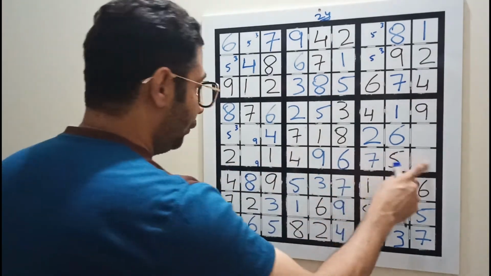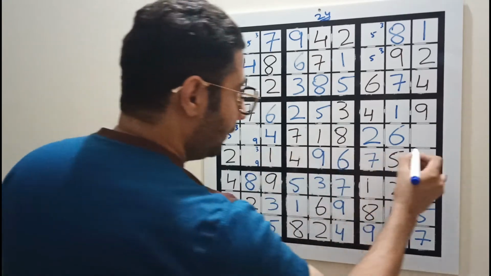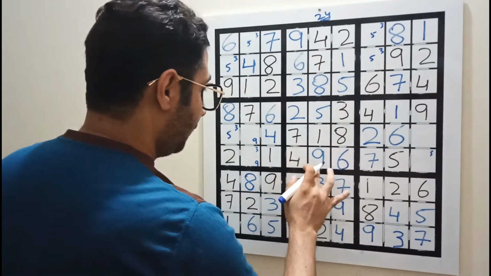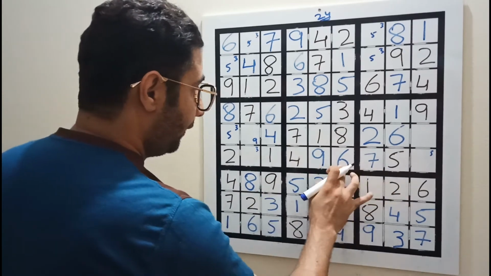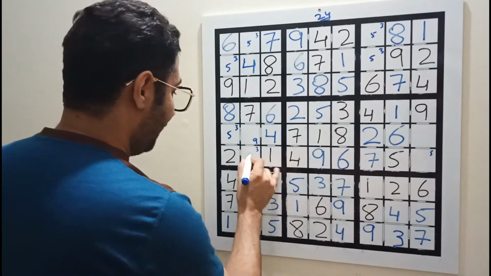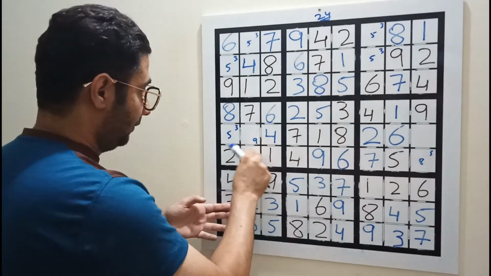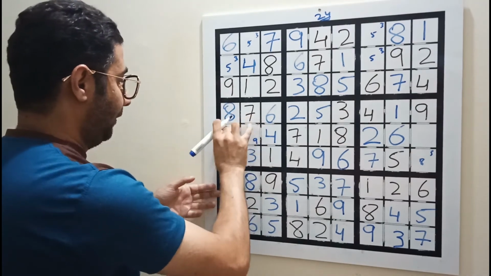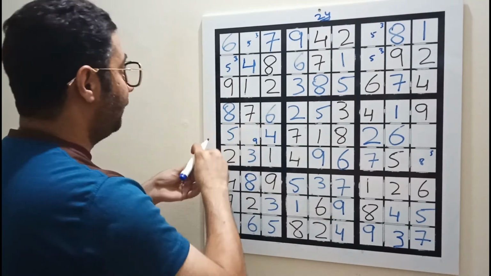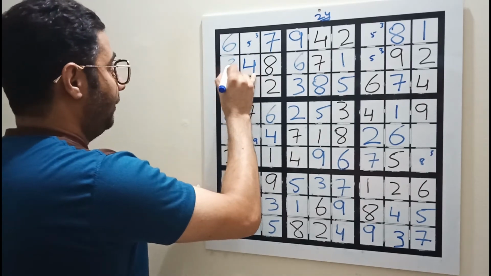Now we have only 2 left here. 1, 2, 3, 3, 4, 4, 5, 6, 7, 8 and 8. We have 8 here. This becomes 3. This becomes 5. This becomes 3.